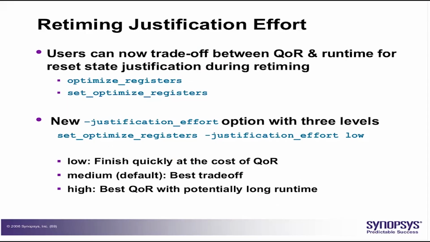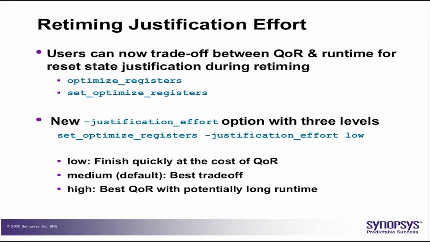Now users can trade off between QoR and runtime for reset state justification during retiming. There is a functionality related to reset state. There is one option called justification effort, through which you can control how much time DC spends in retiming. Again, I'm stressing the point that all such steps will increase the runtime a lot.